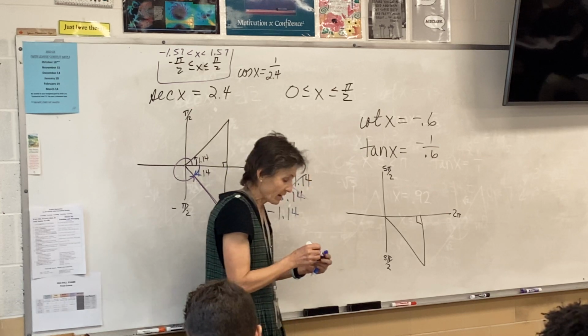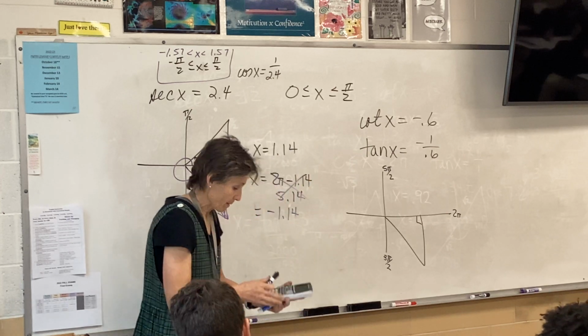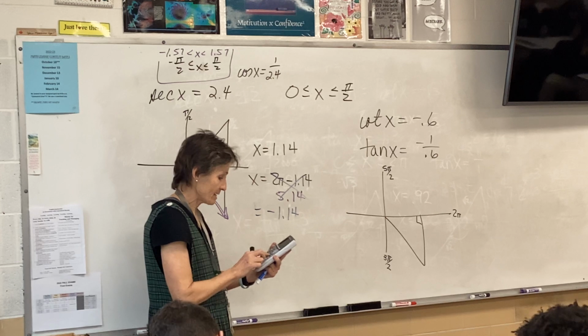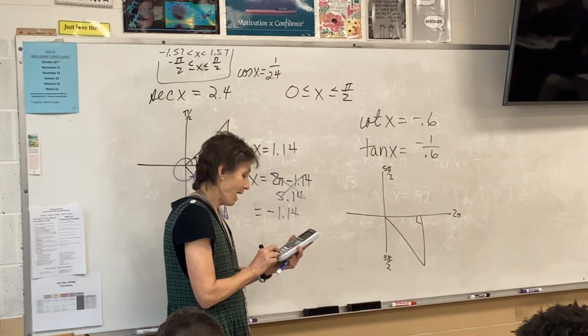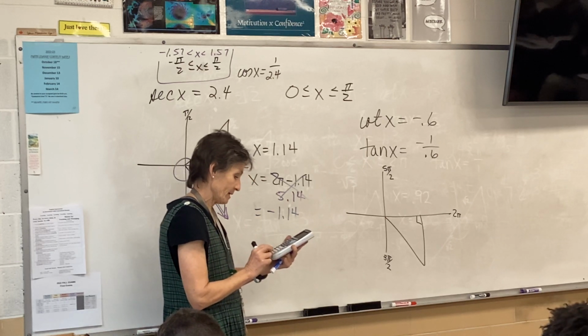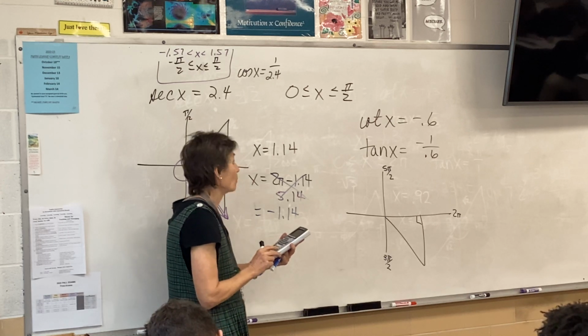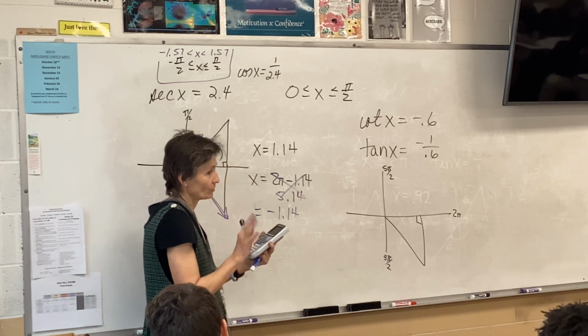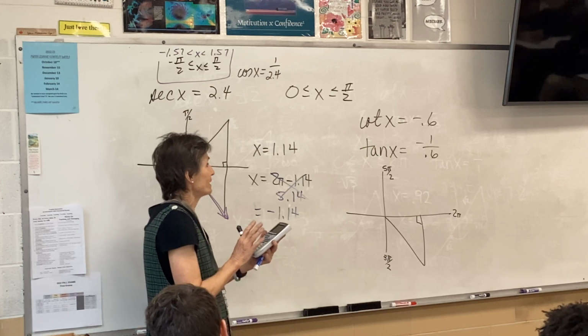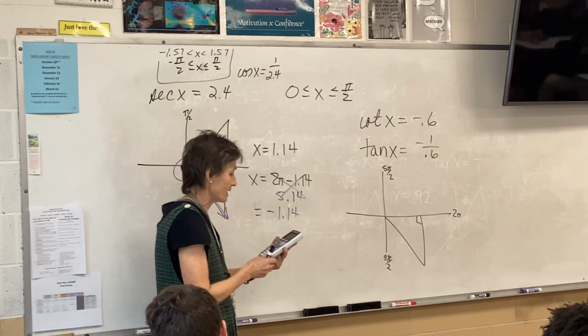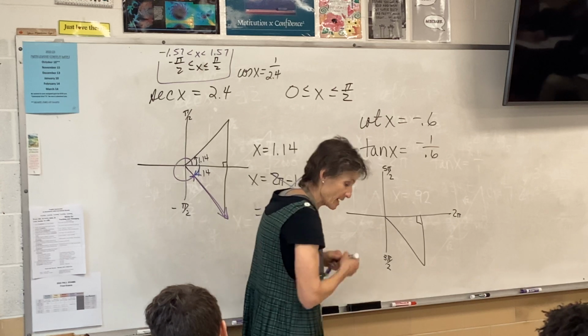All right, so I'm going to find that reference angle. So I'm going to second tangent. Now, I never put the negative in because it really confuses me with cosines. Cosines, you'll understand why later, but I just skip the negative. I don't need the negative. I just need the size of the angle.